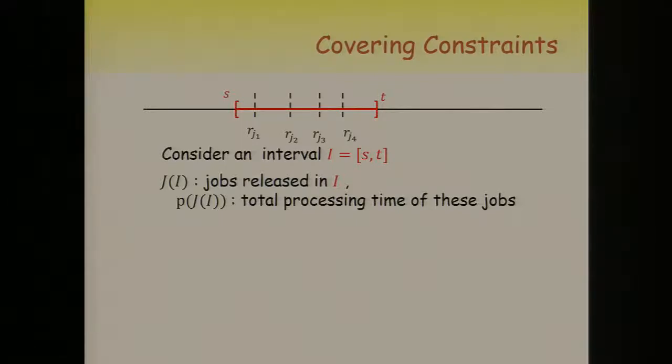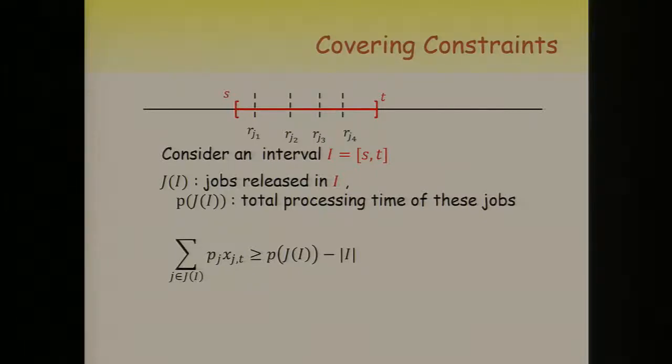So look at all the jobs which are released during this interval, and look at their total processing time. And the claim is that this condition must be satisfied. So let's see what this condition is saying. It's saying that look at all the jobs which finish after time t. The total size of all of these jobs must be more than this difference here.